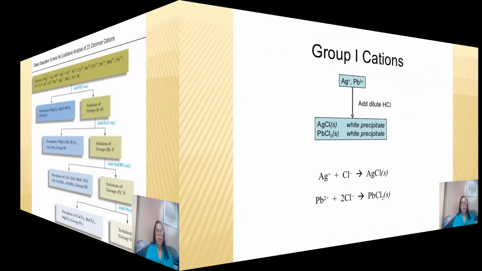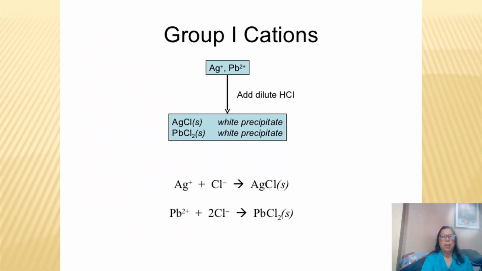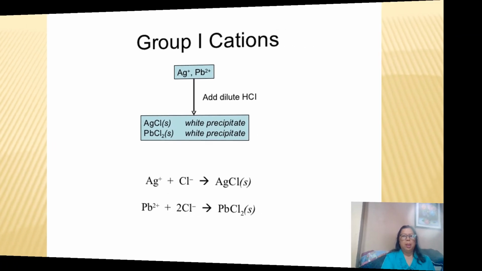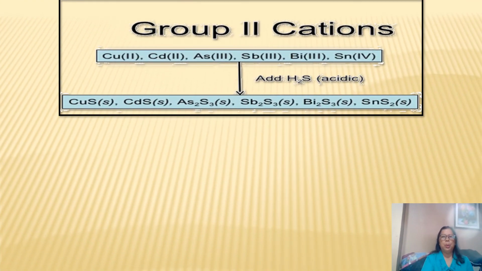So this is by grouping. For group 1, upon the addition of hydrochloric acid, a white precipitate will form. And then for group 2, upon the addition of hydrogen sulphide, different results will be produced. It depends upon what element is present.